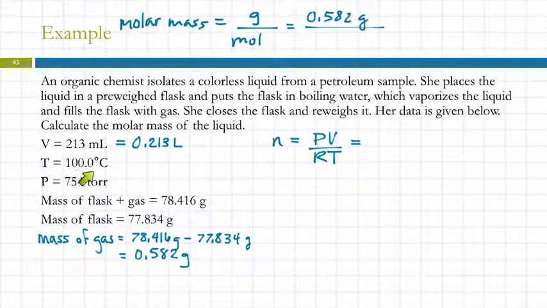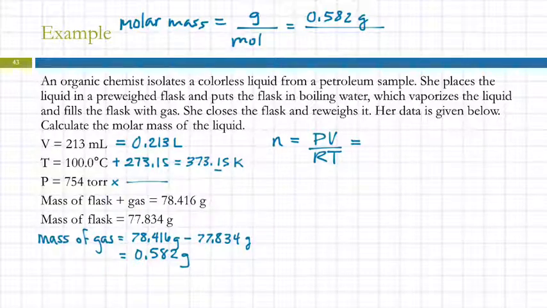Temperature, 100.0 degrees Celsius. Because of this 0.0, I'm going to use the 273.15. And that's going to be 373.15, with the last significant figure in that first decimal place. And then the torr, remember torr and millimeters of mercury are the same thing.